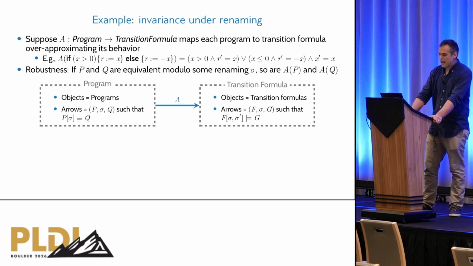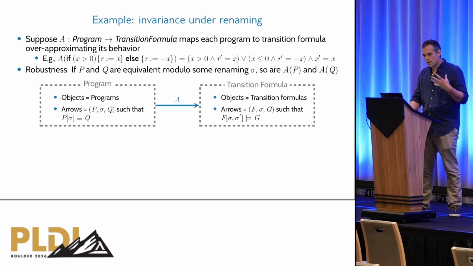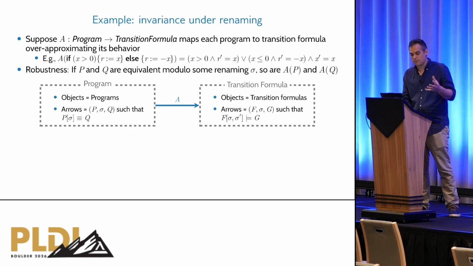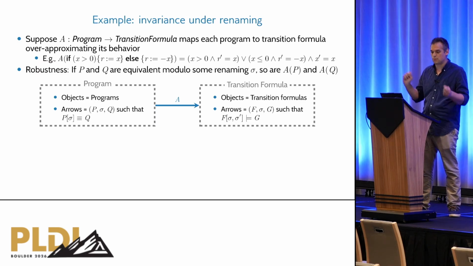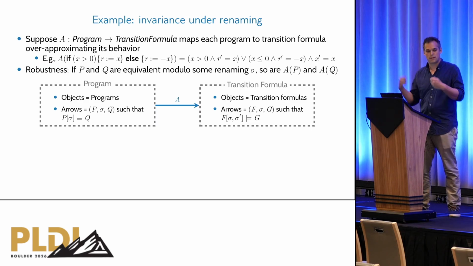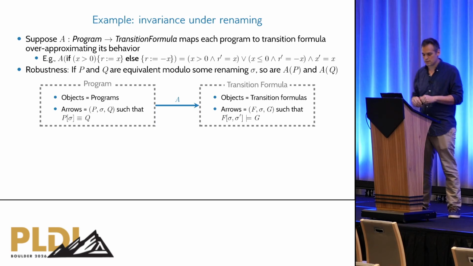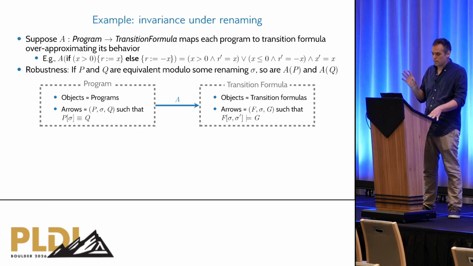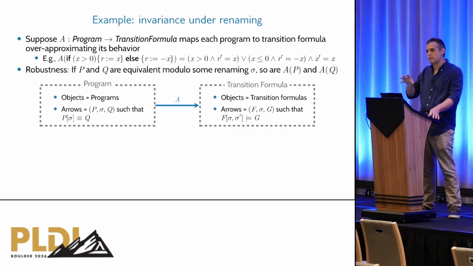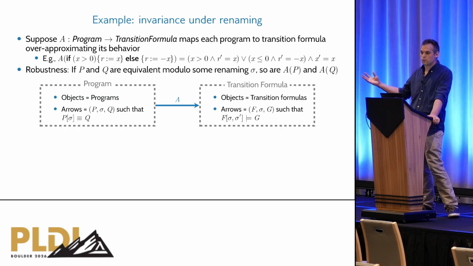So the idea that A should be invariant under renaming of variables should imply that we can lift A from a set map from programs to transition formulas to a functor that maps this category of programs to the category of transition formulas. So every arrow between two programs P and Q should correspond to an arrow between the transition formulas A of P and A of Q.